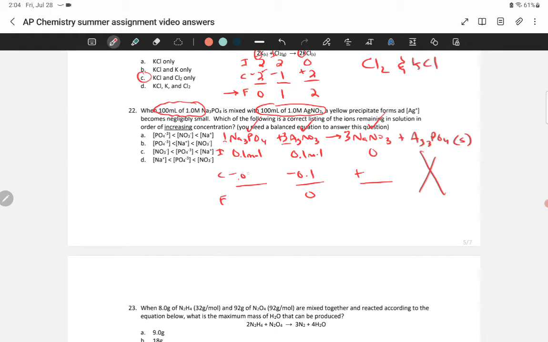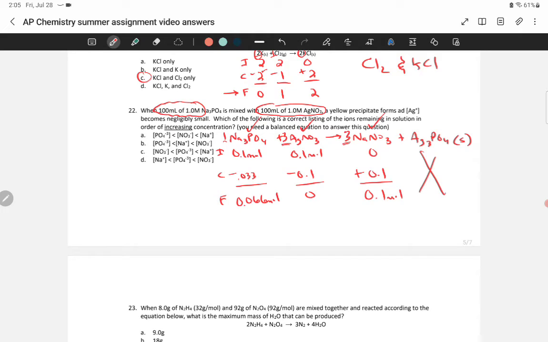It doesn't matter specifically that I have numbers in there because none of these 4 answers have numbers, but that's going to give us somewhere in that range. And then it's a 3 and a 3. So whatever number we have for change for silver nitrate, we'd better have the same amount for sodium nitrate.